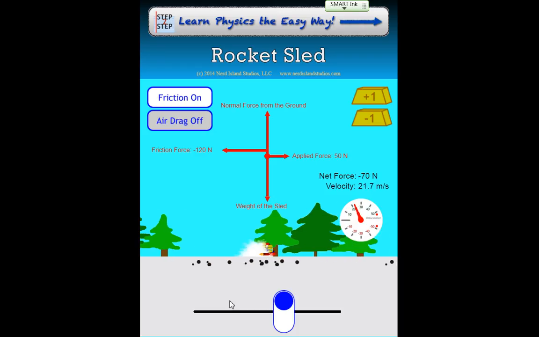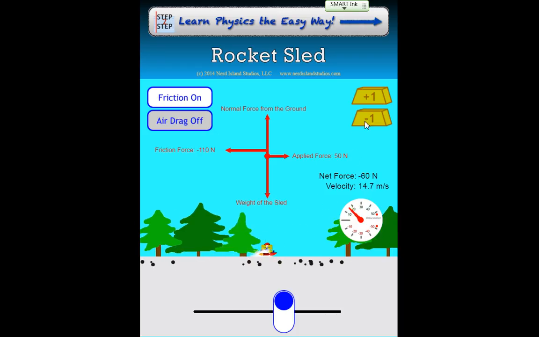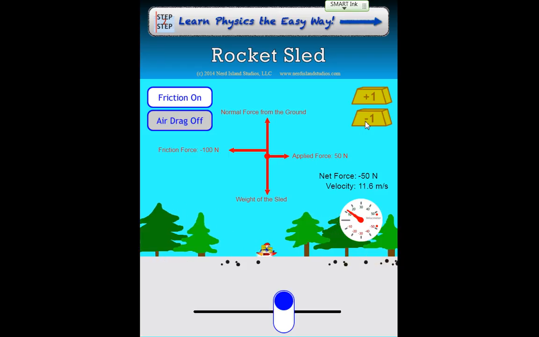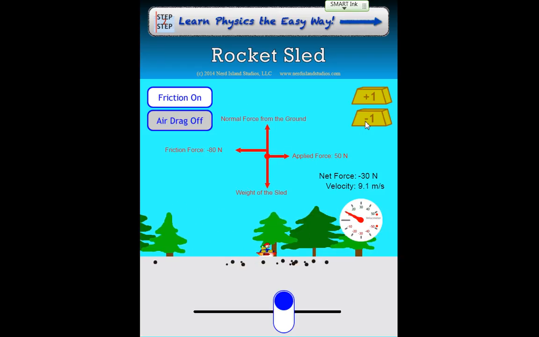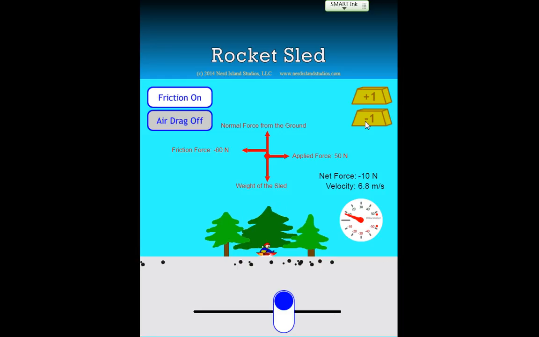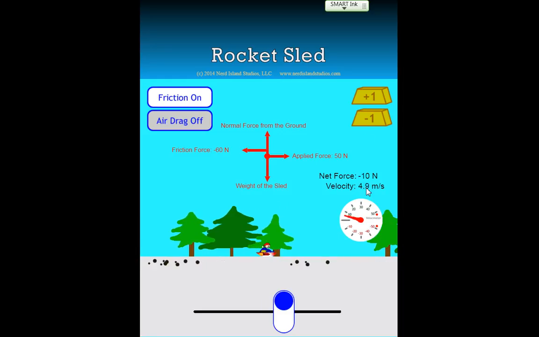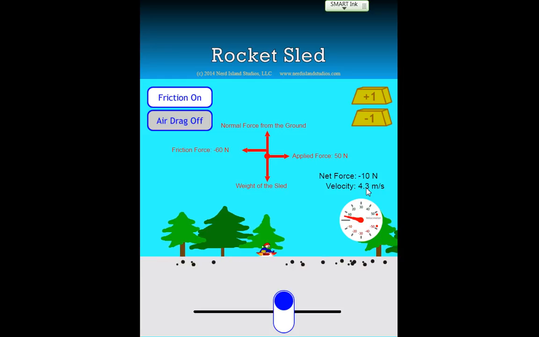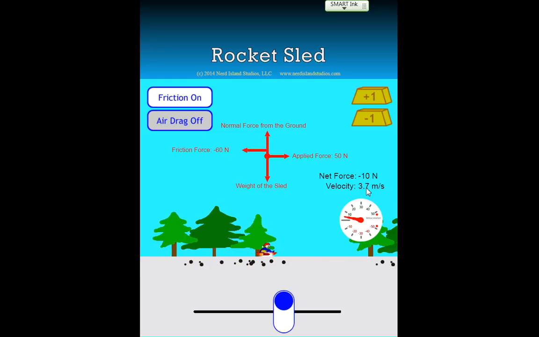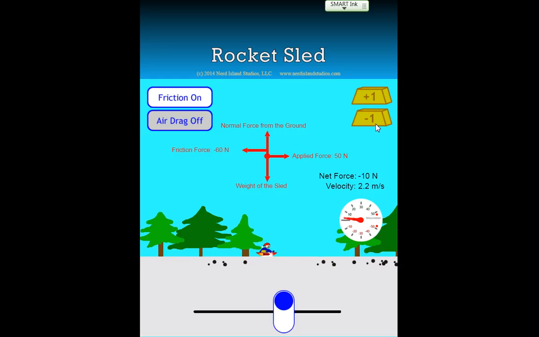Okay, let's take off some weight. What's going to happen to that frictional force? Take off some weight. What's going to happen at 50? Right now, the leftward force is slightly larger. So what's happening? Accelerating negatively, right? Slowing down. What happens when they match?